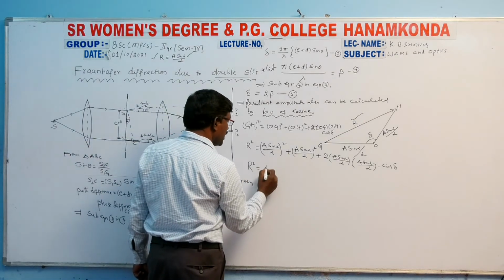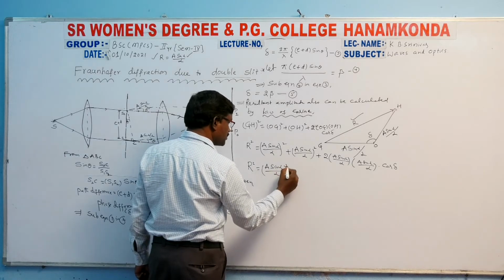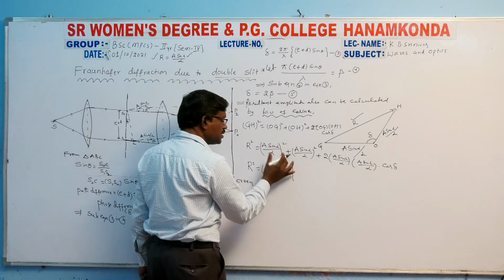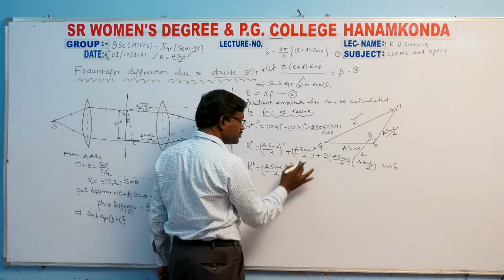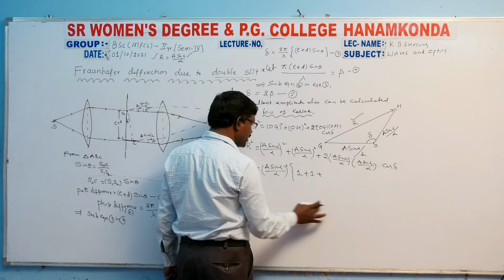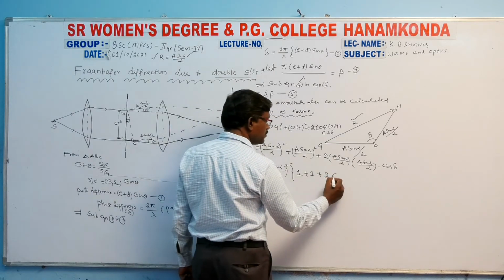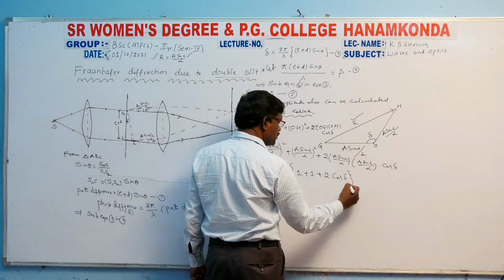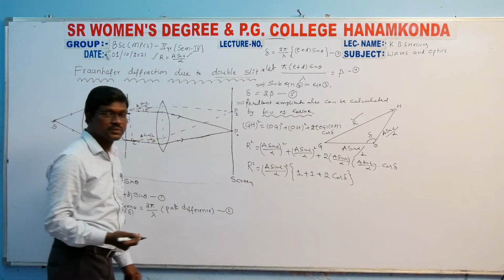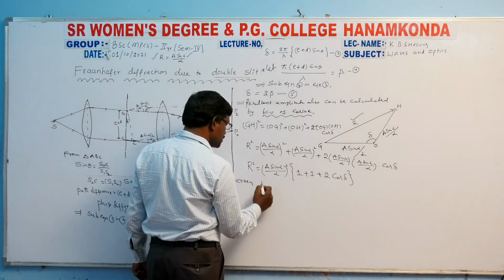R square is equal to. Here I am taking A sin alpha by alpha whole square as common. So what are the terms in the bracket? This becomes 1, this becomes 1, since the square is already taken as common. The third term is 2 into cos of the angle between the two amplitudes. So 1 plus 1 becomes 2.